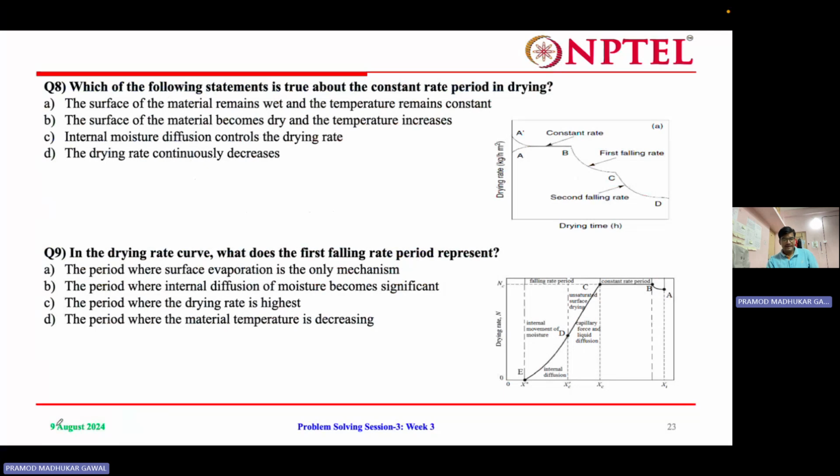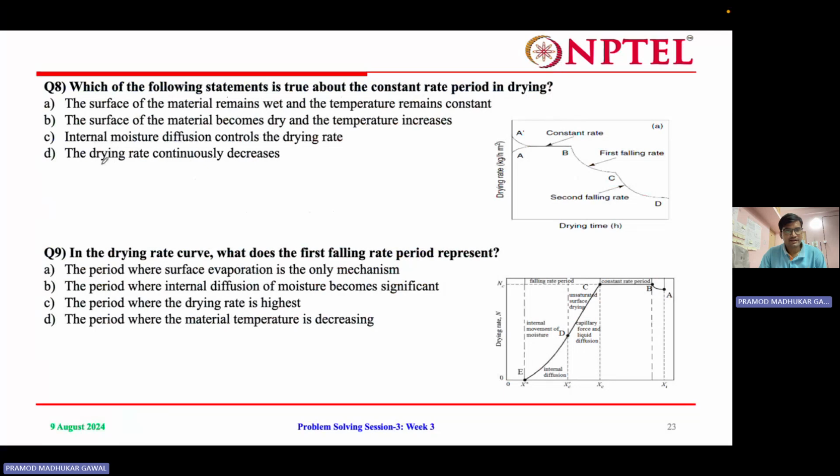So based on the drying rate curve, here are the problems, MCQ questions. Which of the following statements is true about the constant rate period in drying? Option A, the surface of the material remains wet and temperature remains constant. Option B, the surface of the material becomes dry and temperature increases. Option C, internal moisture diffusion controls the drying rate.